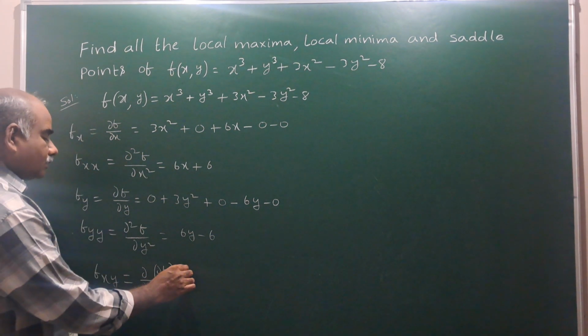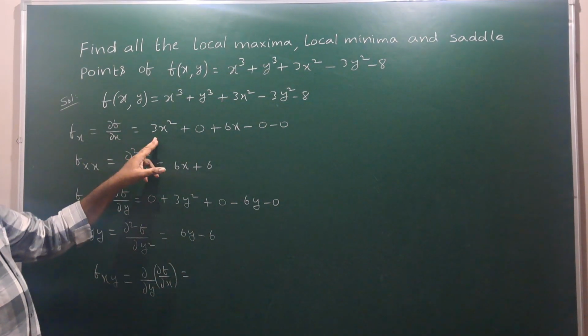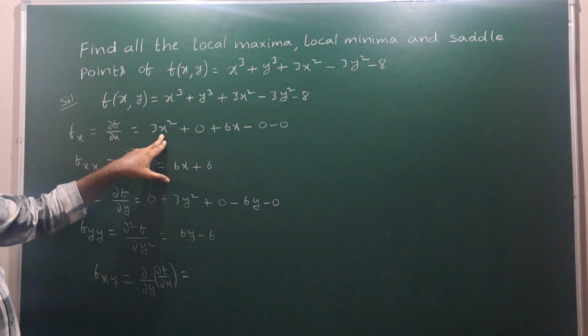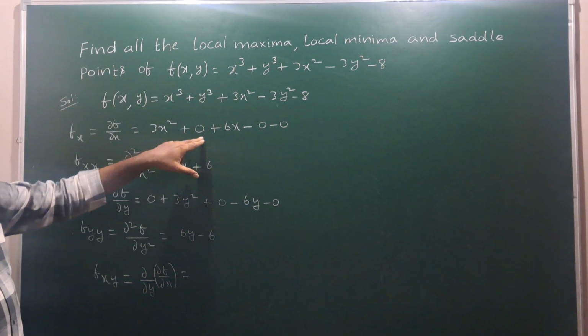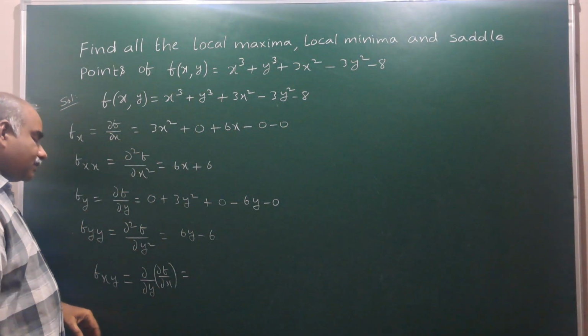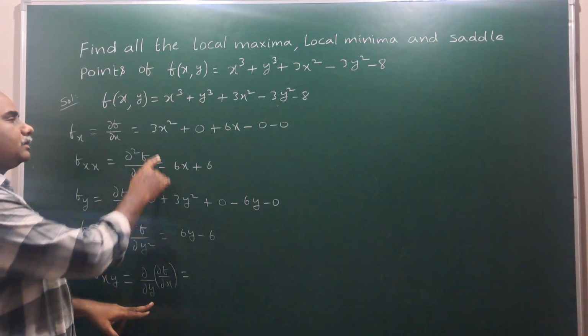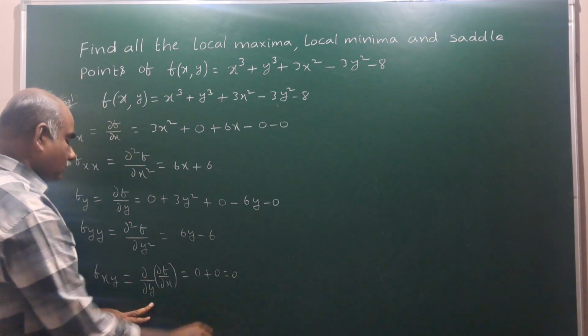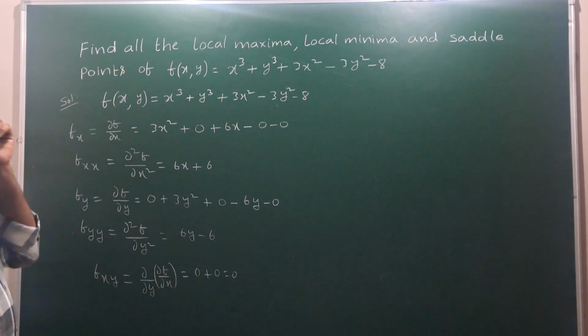Okay. So since fx is completely an x function, there is no y term. So 3x² + 6x is completely dependent on x. So with respect to y, these derivatives are equal to 0. So therefore fxy is equal to 0.